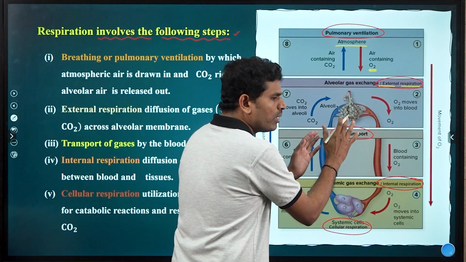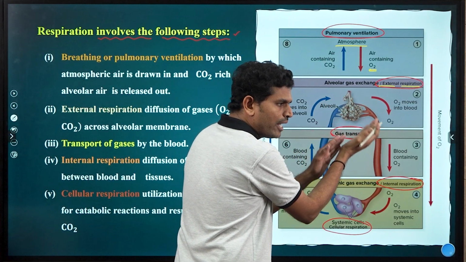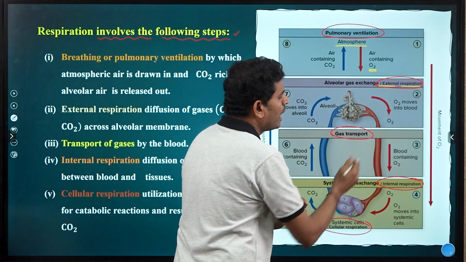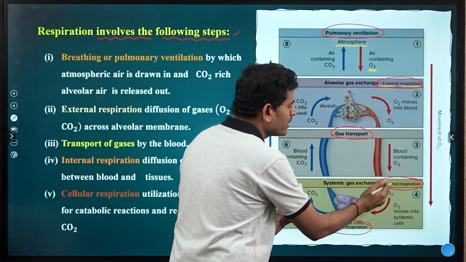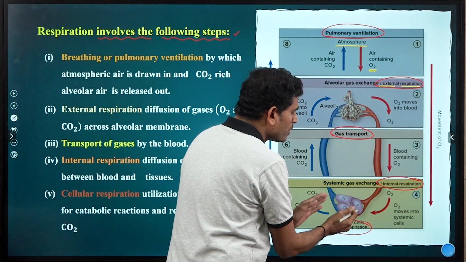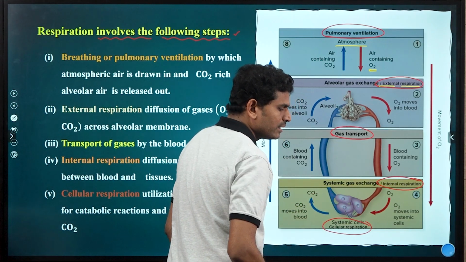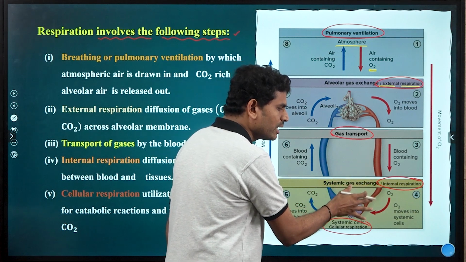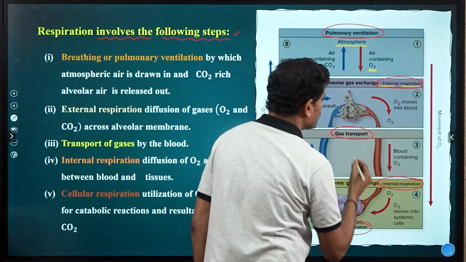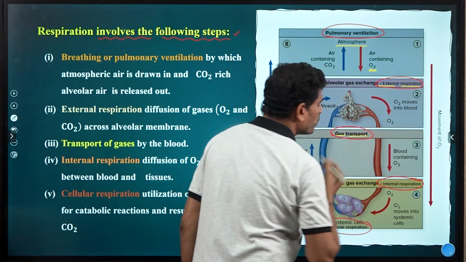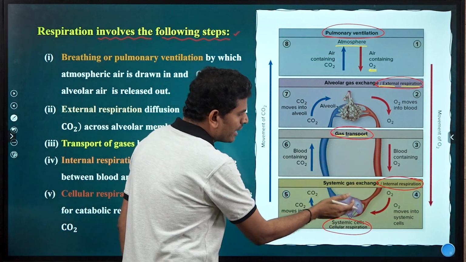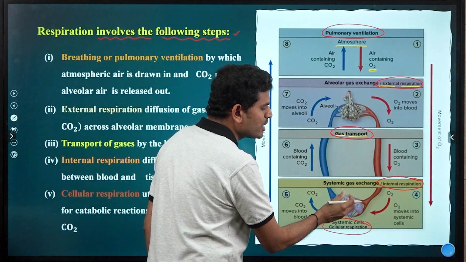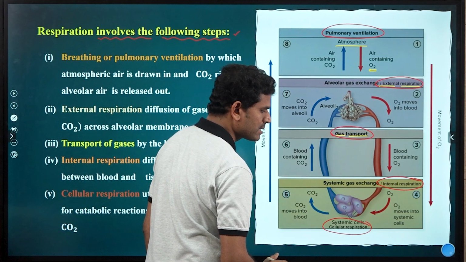Here oxygen is handed over to the blood, which is the transport medium, and the blood carries it to the target organs, that is the tissues. This is called gas transport. Then again, between the blood and tissues, exchange of gases takes place.